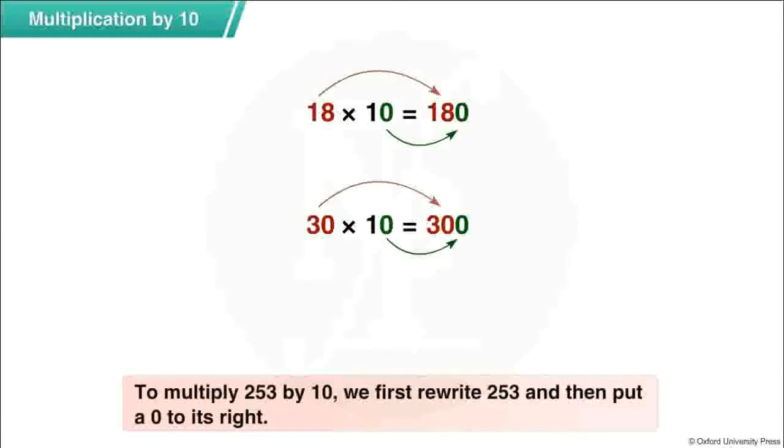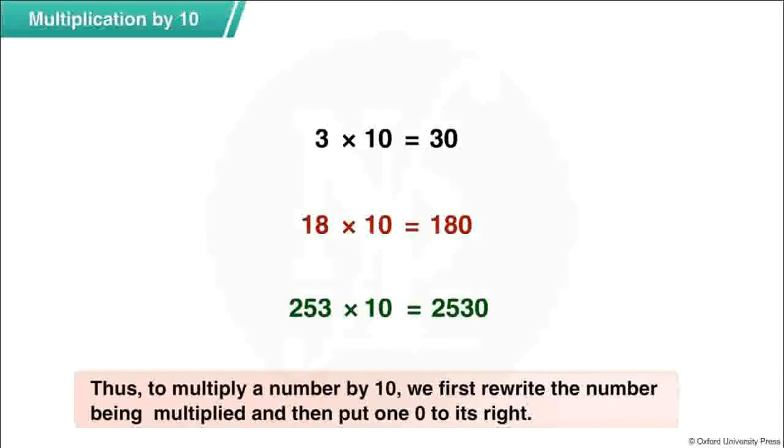To multiply 253 by 10, we first rewrite 253 and then put a 0 to its right. Thus, to multiply a number by 10, we first rewrite the number being multiplied and then put 1 zero to its right.